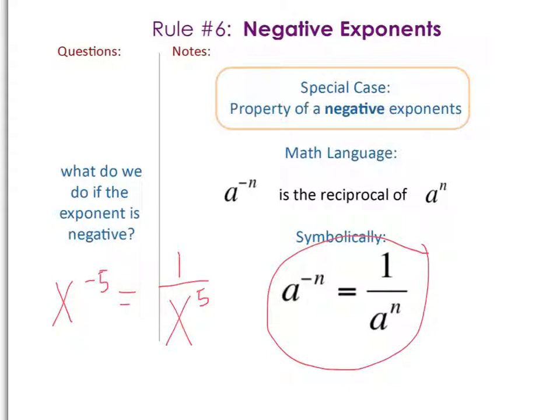When the exponent goes to the bottom, if it starts off negative, it becomes positive on the bottom. The same is true if you have 1 over a negative exponent. When you bring that to the top, it becomes positive. So if it's negative on top, bring it to the bottom so it can become positive. If it's negative on the bottom, bring it to the top so it can become positive on top.